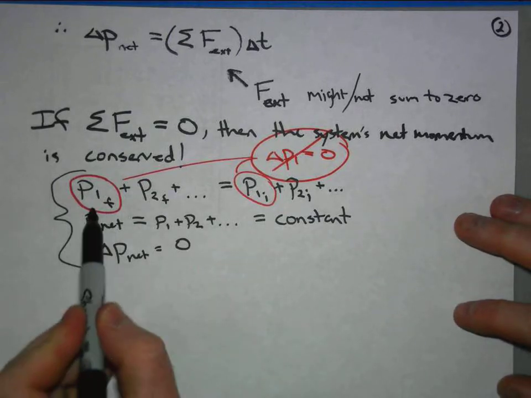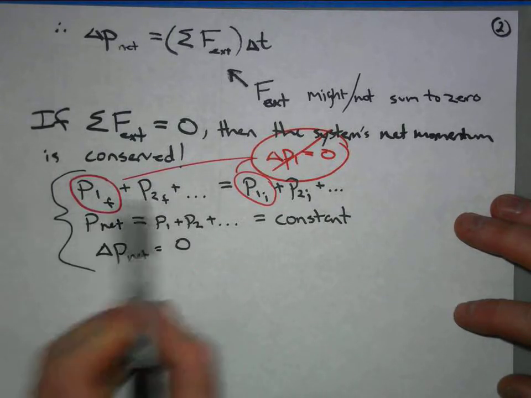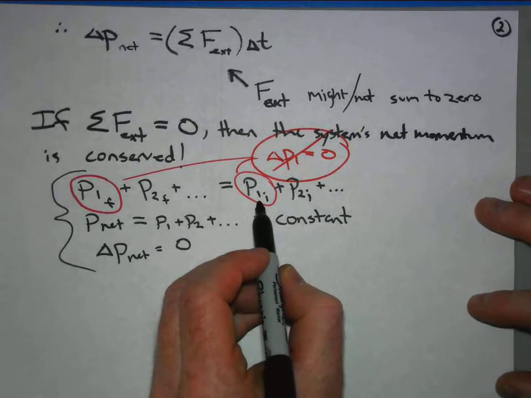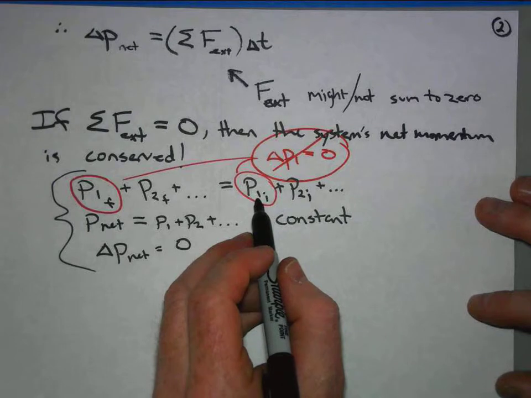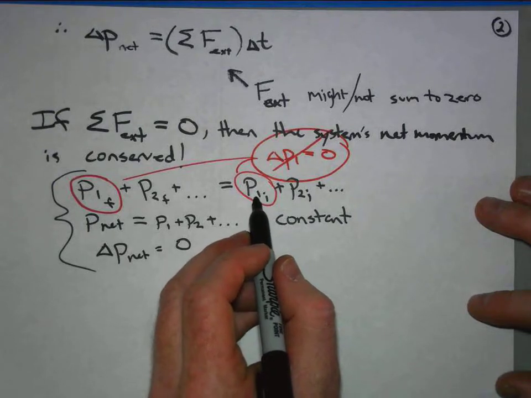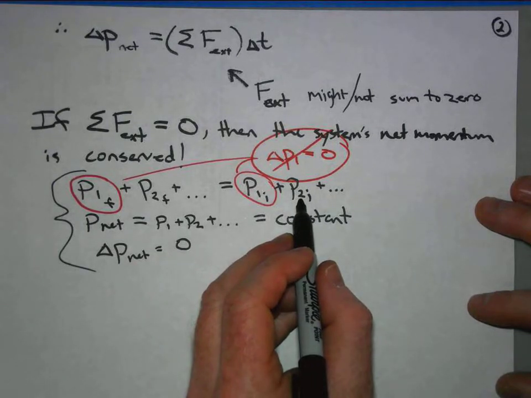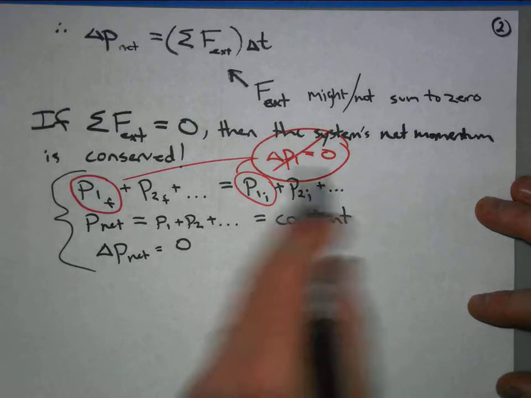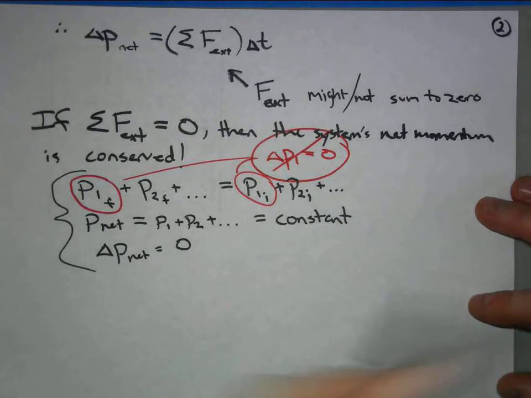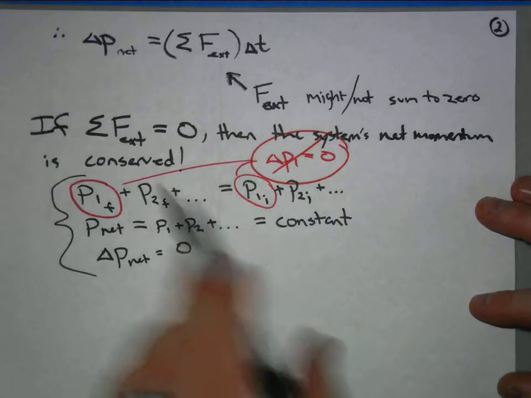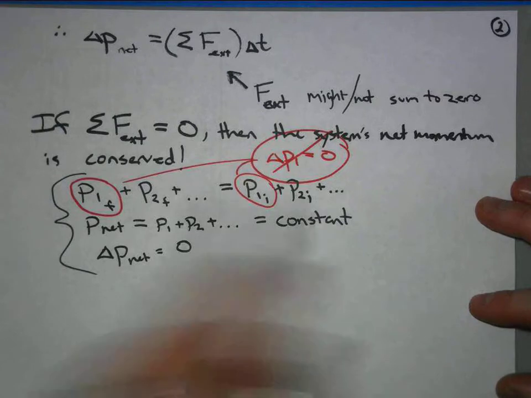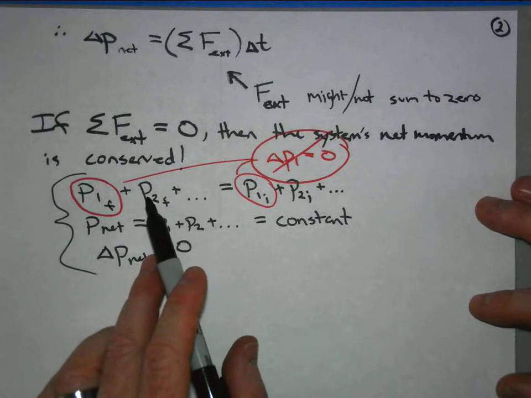Look, if I have these two objects, object 1 and object 2, and I say, before an event happens, object 1 has momentum 10, and object 2 has momentum 2. What's the sum? Well, 10 plus 2 is 12. All this is saying is that the net change is 0. So if you have 12 before, you have to have 12 after. But it does not tell you where the 12 have to be.